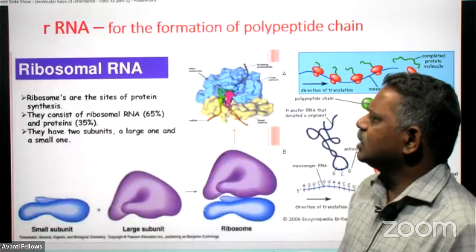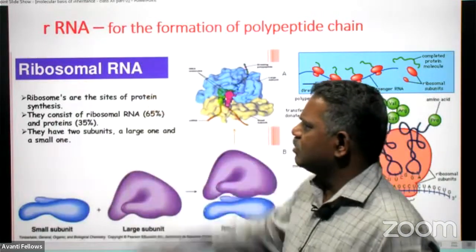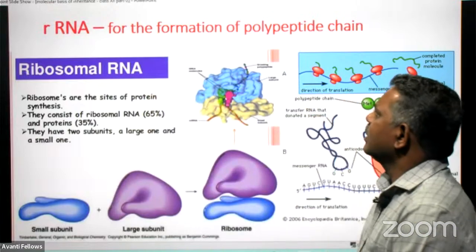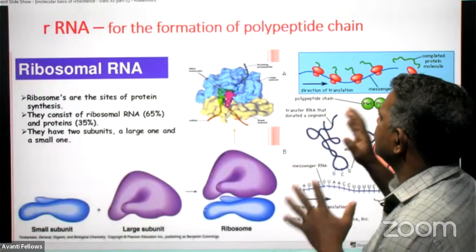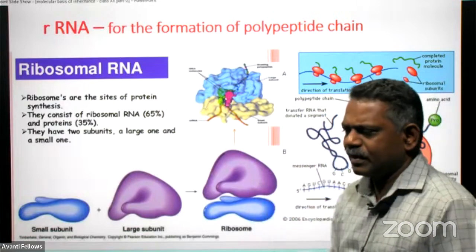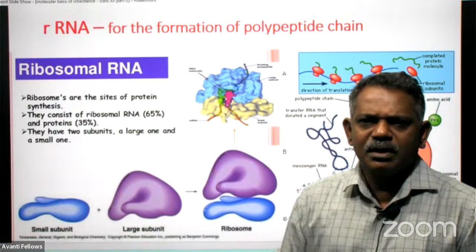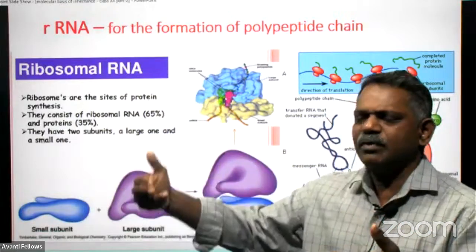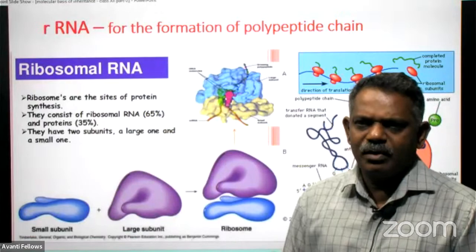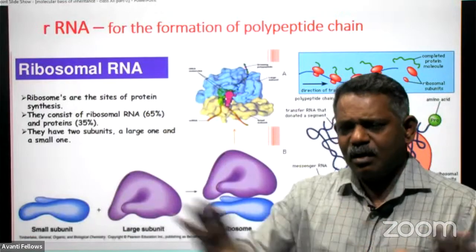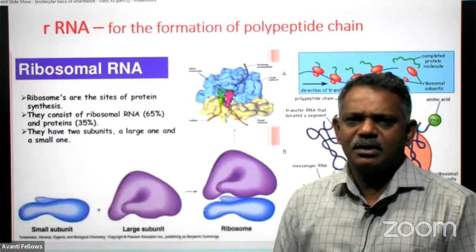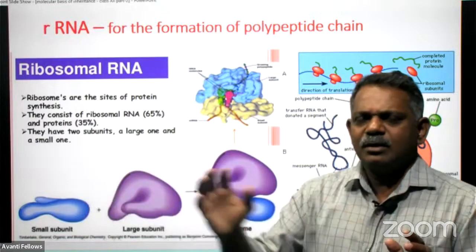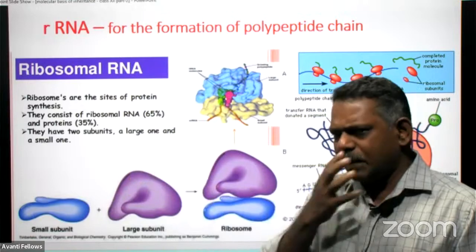These are the machineries. One machinery is the ribosomal RNA, or rRNA. It is for the formation of the polypeptide chain. A polypeptide chain is a chain of amino acids connected to each other with a peptide bond. What is protein actually? A long chain of amino acids only. One amino acid is connected to another amino acid, and so on. We have 20 different kinds of amino acids.